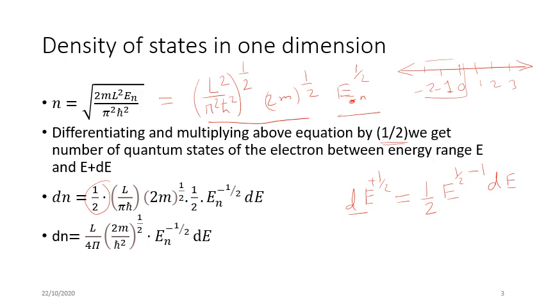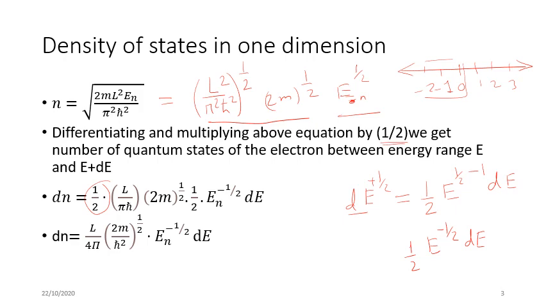Okay, so it will be like this. If I find the derivative, it will be 1 by 2 into E raised to minus 1 by 2 into dE. So if I put this term at this point, I will get this equation. I will just rearrange these terms.